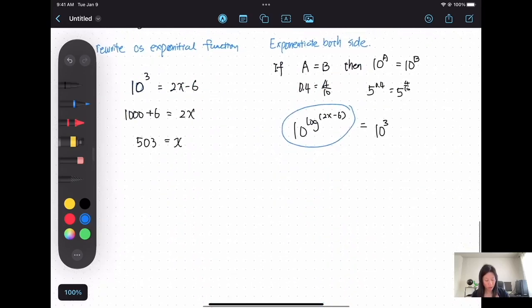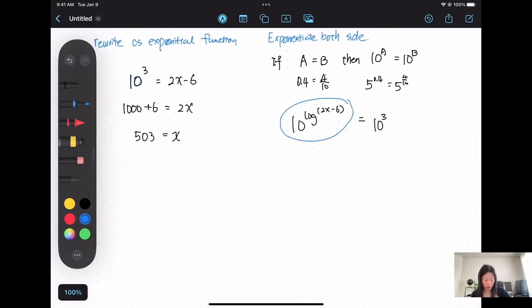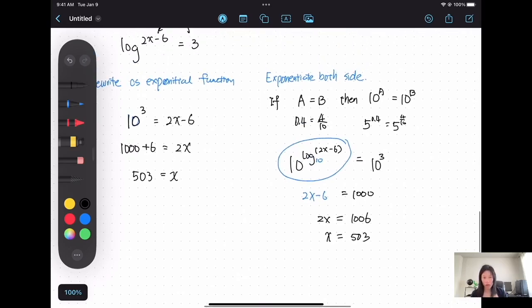So in here, this part is going to equal 2x minus 6, because the base of the common log is 10. So the left side of the equation equals 2x minus 6, and the right side is equal to 1000, right? 10 to the third power is 1000, and then you add 6 on both sides. I have 2x equals 1006, and then divided by 2, I have 503. So no matter which way you use, you should get the same answer.